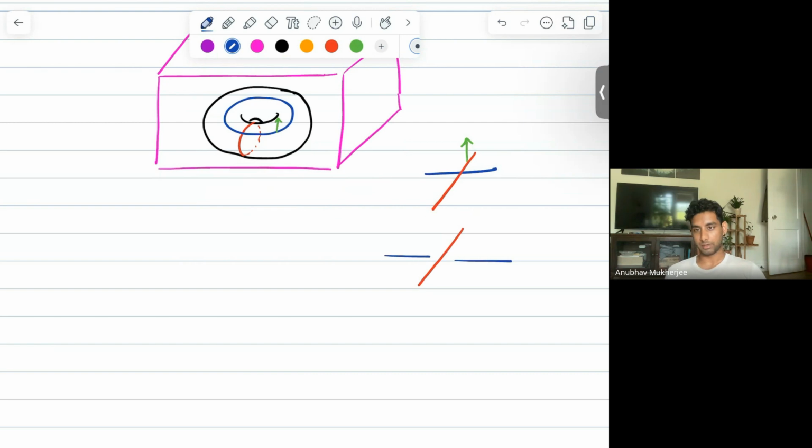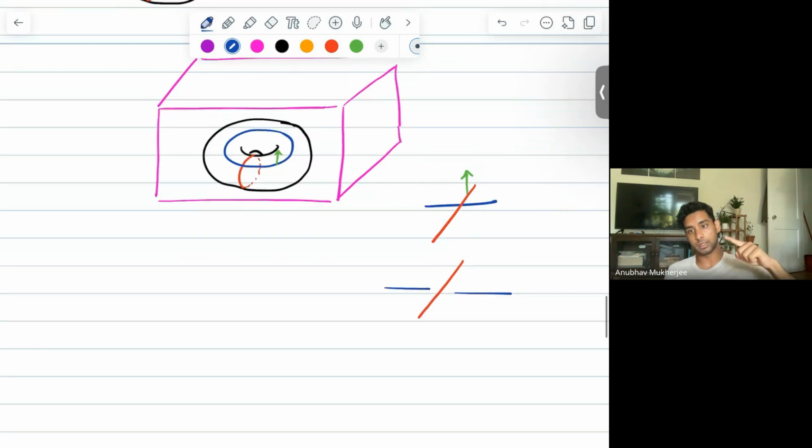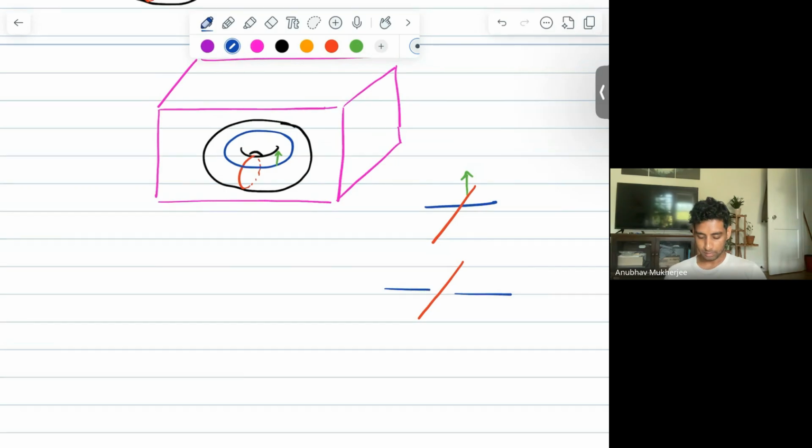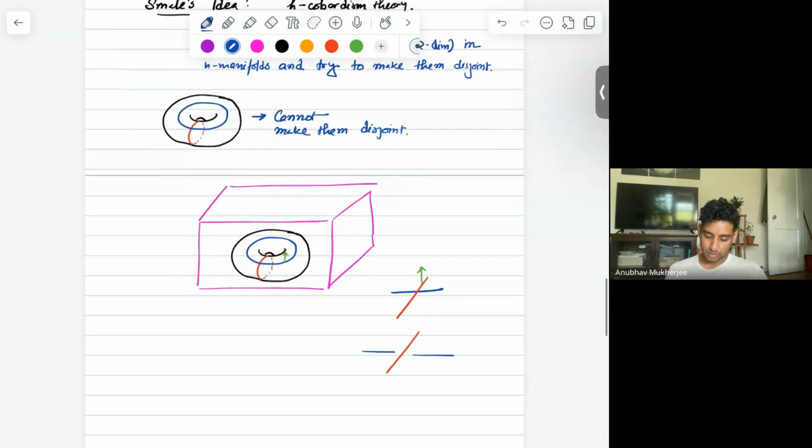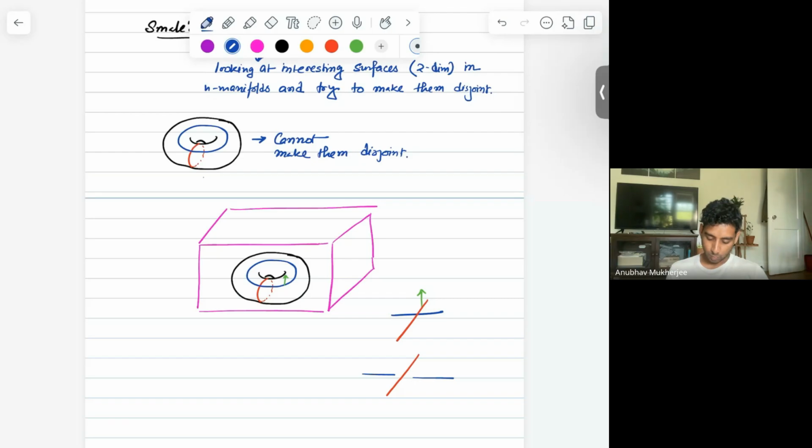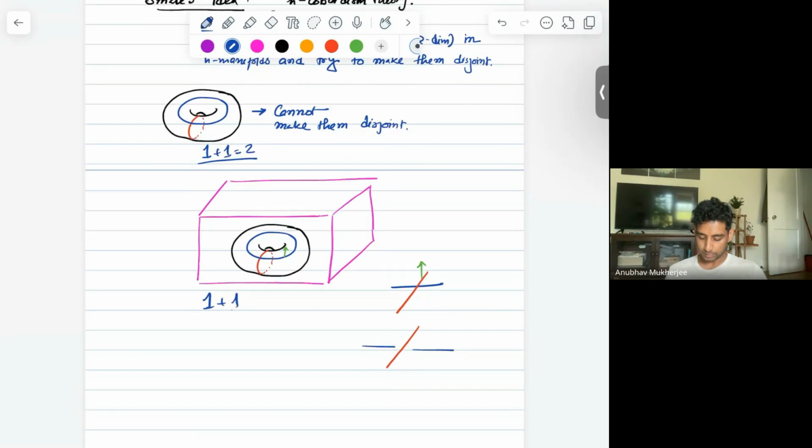So the extra dimension helps us to make things disjoint. The key idea here is that 1 plus 1 equals 2, which was the total dimension. That's the reason we cannot make things disjoint. But in this situation, 1 plus 1 is less than the total dimension, which is 3. And for that reason, we have an extra dimension that we can push into and make things disjoint.